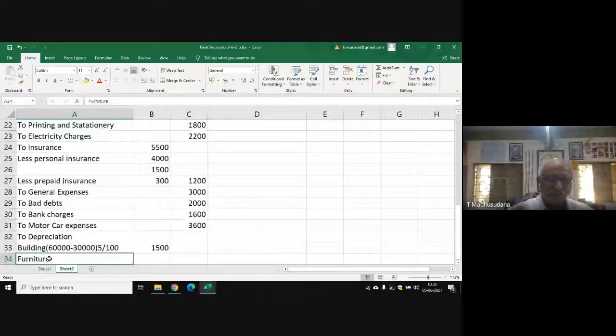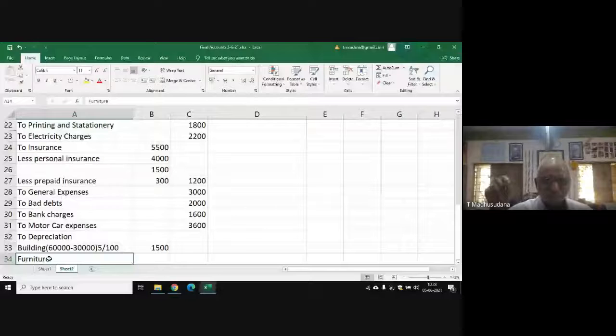So depreciation is to be calculated at 10% on furniture and fixtures. But one steel table purchased during the year for 1,400 was sold for the same price. So out of total furniture, what is the total furniture value?